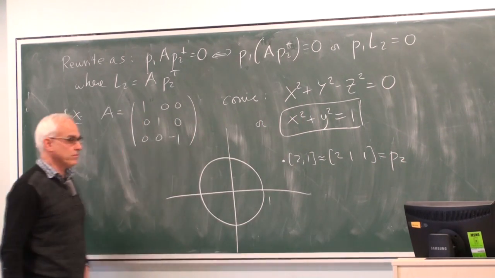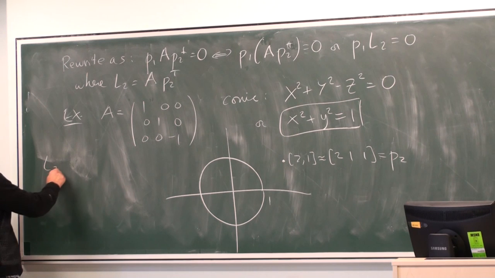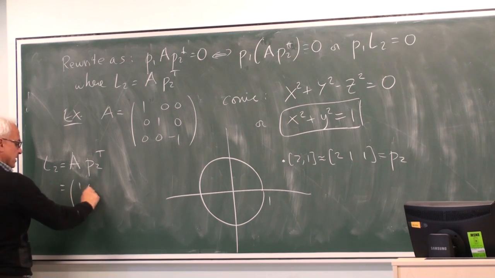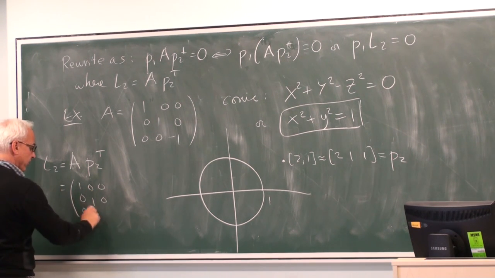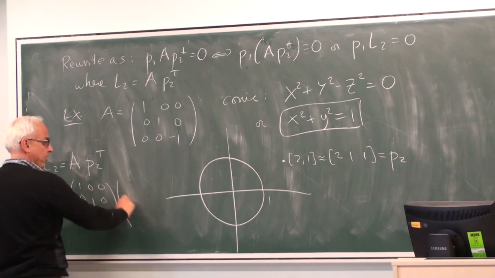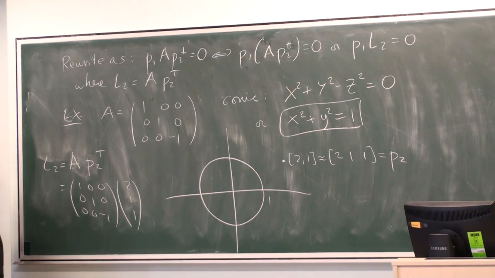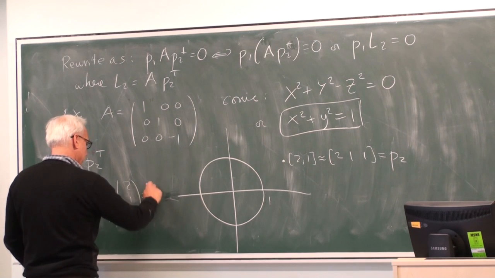It's going to play the role of P2. So let's look at what we're calling L2. What is L2? It's the matrix A times P2 transpose. So it's 1, 0, 0, 0, 1, 0, 0, 0, minus 1 times 2, 1, 1. And that is 2, 1, minus 1.